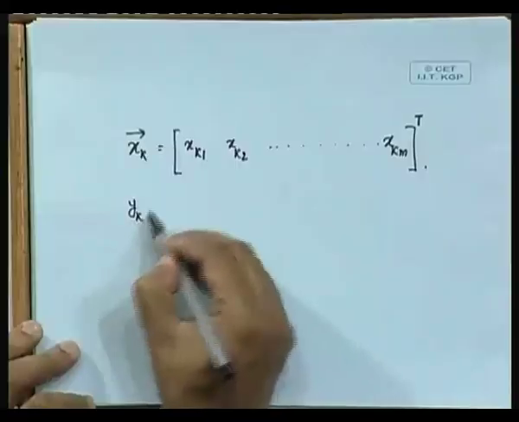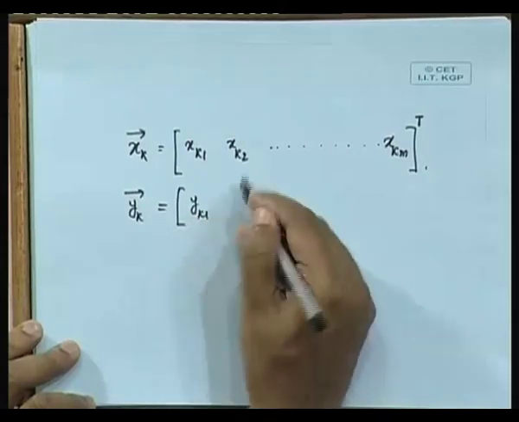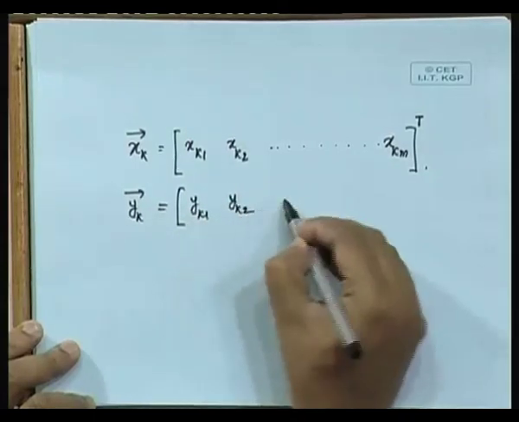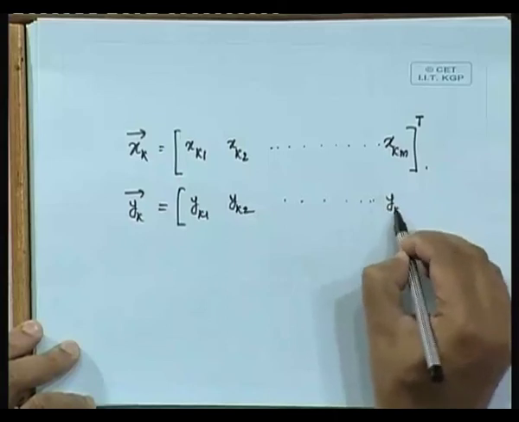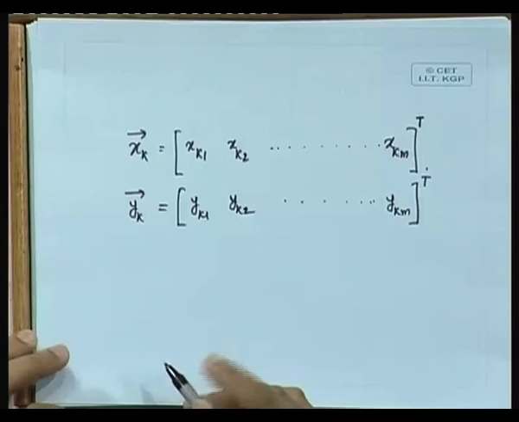Likewise, the Yk vector will be defined as Yk1, Yk2, etc., up to Ykm, again the transpose of this.